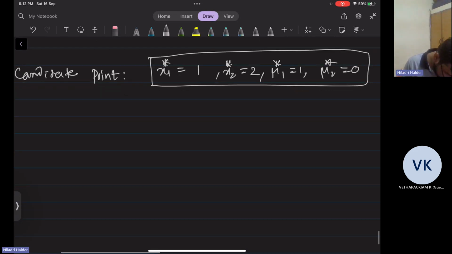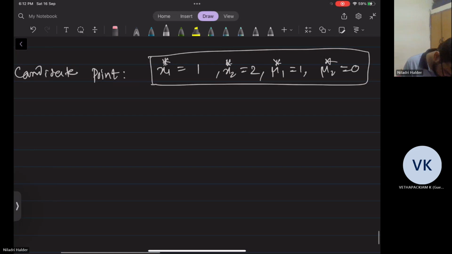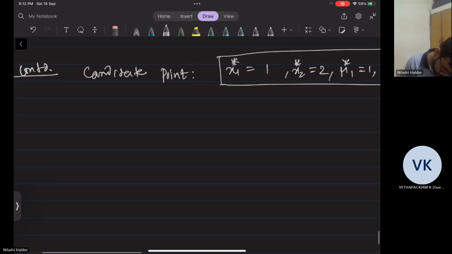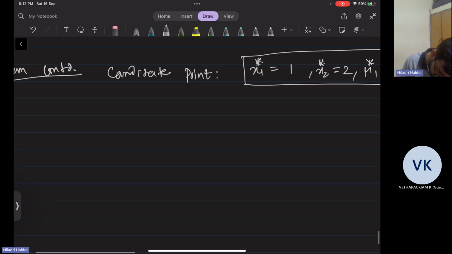Now we need to find out this thing, the L of x. What's the L of x?